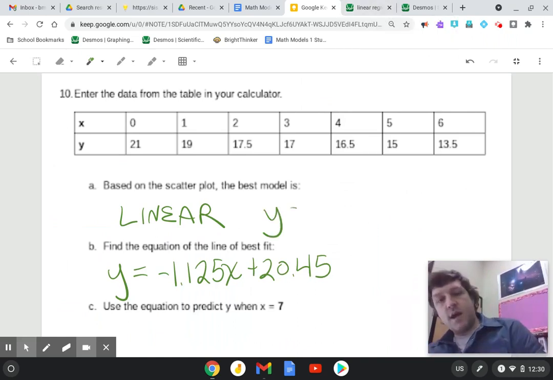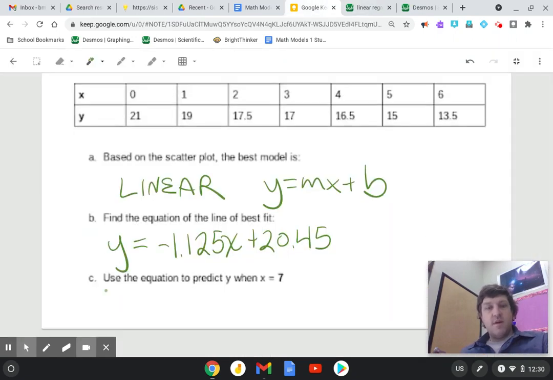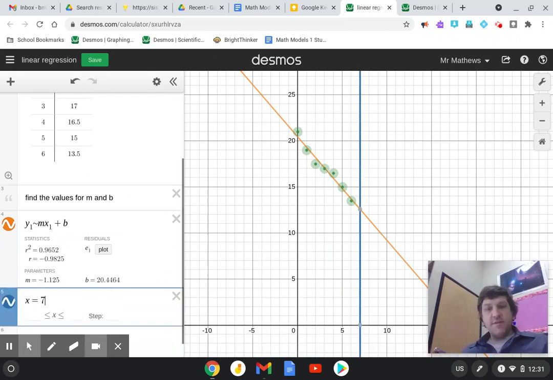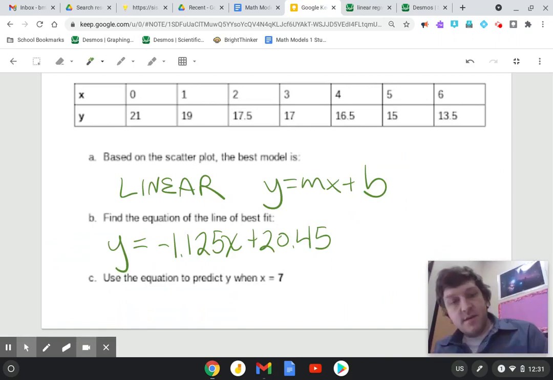Remember, linear means y equals mx plus b. You can see that right here as well. And then all I have to do for the final step is use the equation to predict when x equals 7. I'm going to type x equals 7. And then this point right here will tell me the answer. It's finding where 7 crosses my line. It crosses at 12.57. And so y equals 12.57.